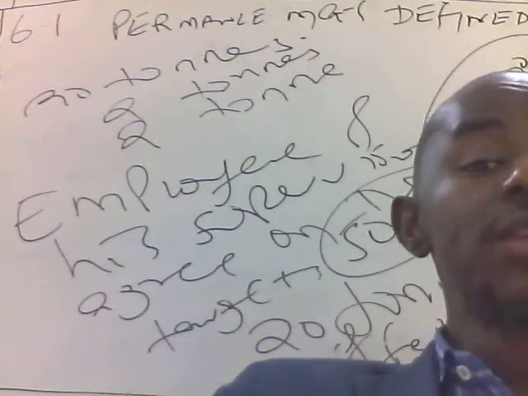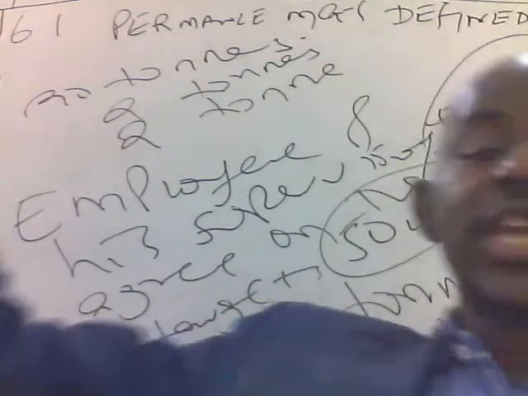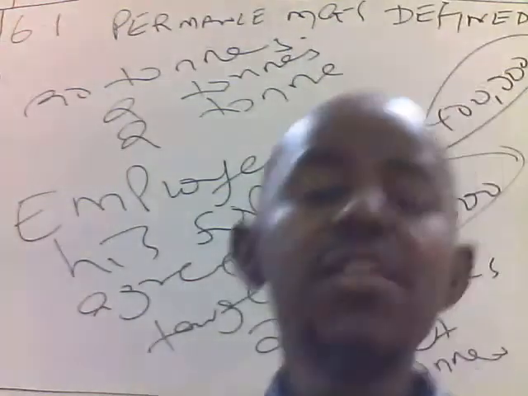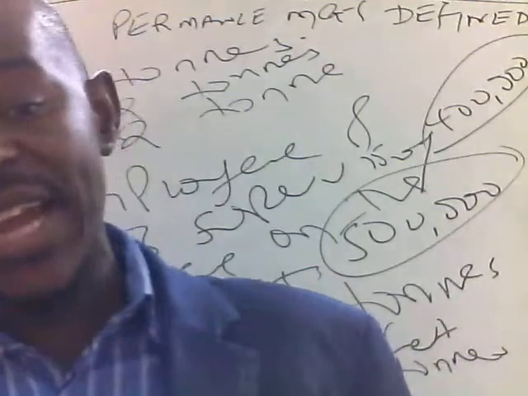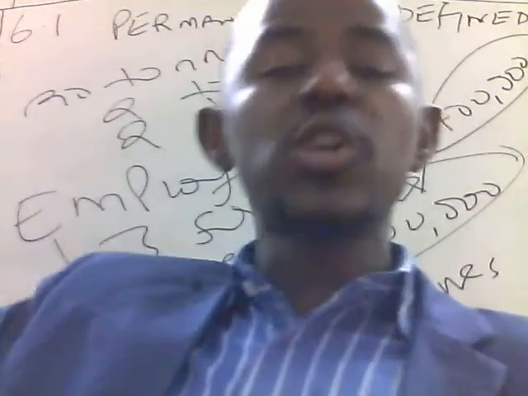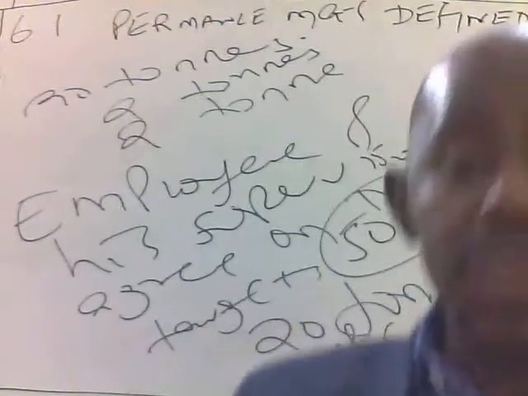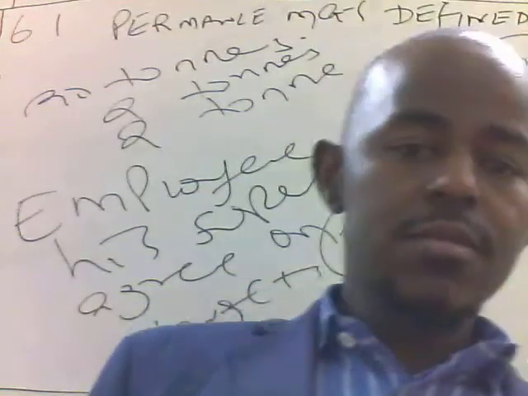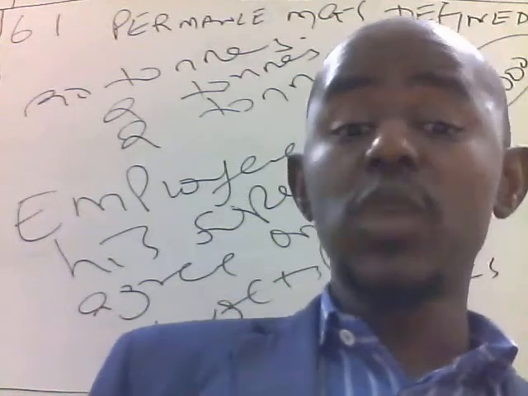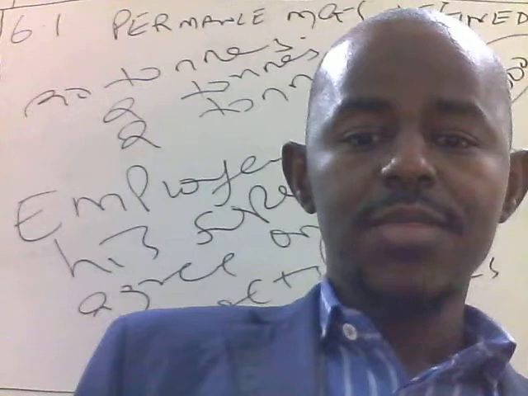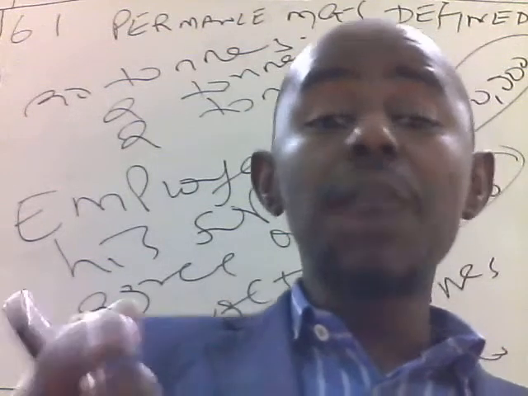Because you are expecting the employee to achieve his targets in order for the organization to achieve its targets. If the employee does not accomplish their objectives, then the organization will not be able to accomplish its objectives. And now you realize there is a problem.